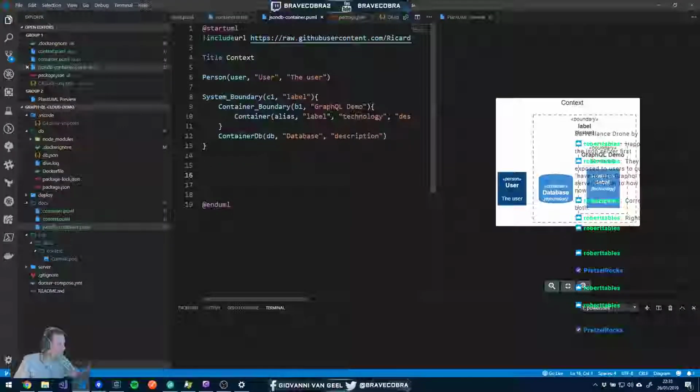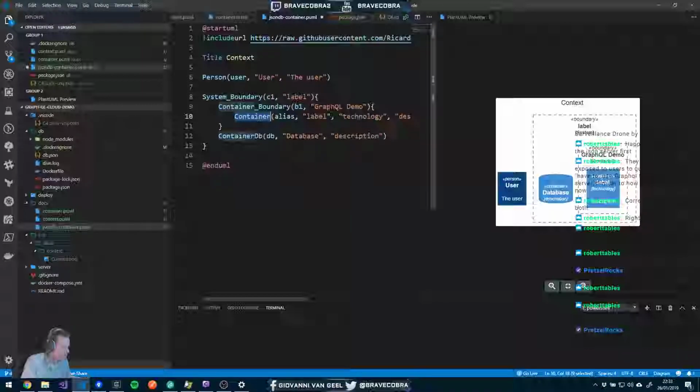So let's see what we got here. Yeah, I guess system boundary, in which there are containers, and in the container, these should be components.